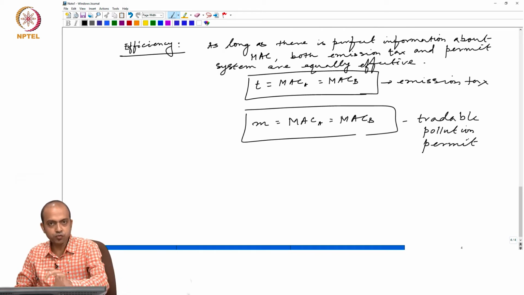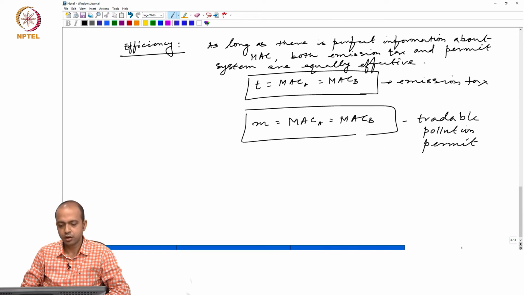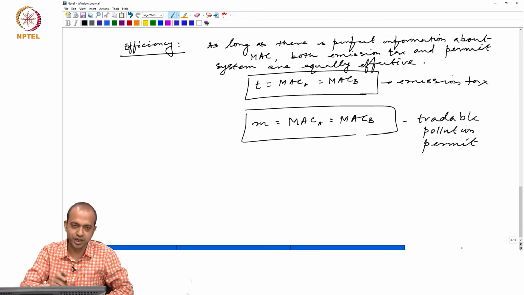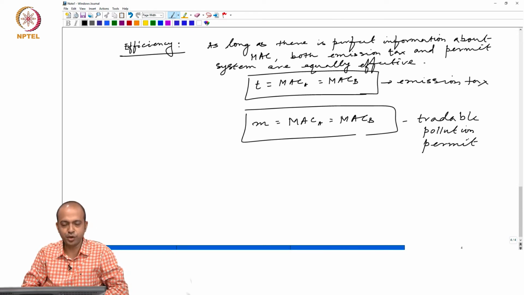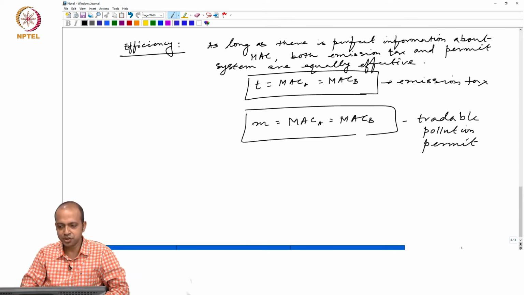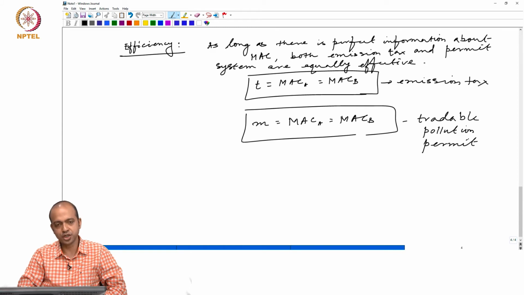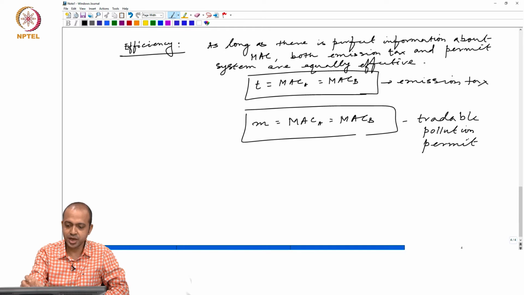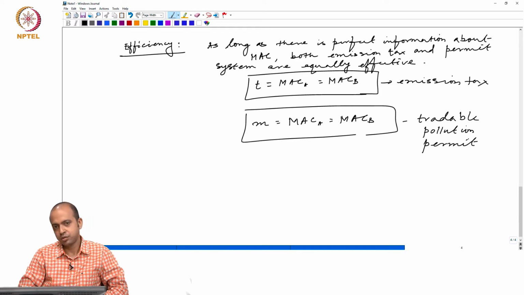Each firm is equating their marginal cost of abatement with the given tax rate or with the permit price. So, as long as MAC A and MAC B are known with complete certainty, both the policies are equally efficient. But the challenge arises, as I said, when there is asymmetric information between the regulator and the firms about their true marginal cost of abatement, right.